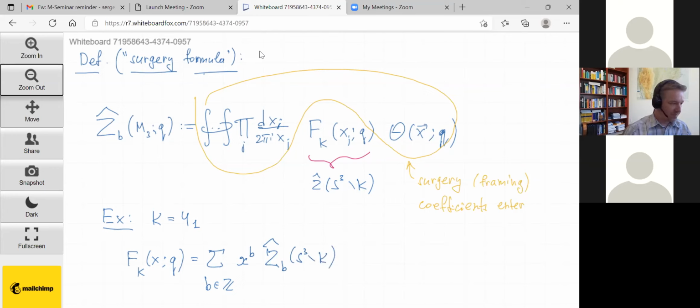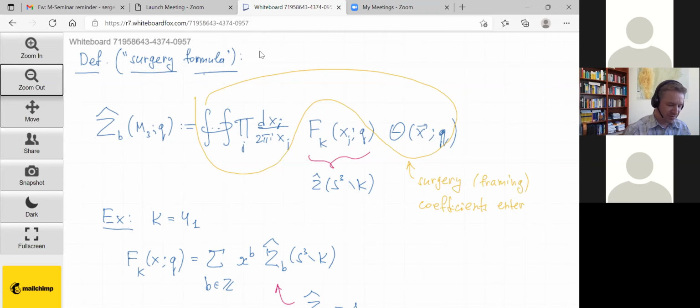where these values, so again, this formula is general for any knot, but specifically for the figure 8 knot, you have Z hat_1 is equal to 1. I'm just going to write non-zero values. Z hat_3 is equal to 2.